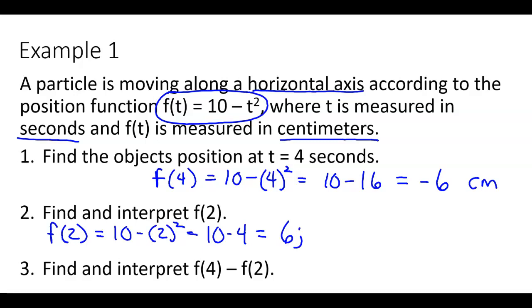Go ahead, Luke. At t equals 2 seconds, the particle moves 6 centimeters to the right. Let's say the particle is at 6 centimeters to the right.